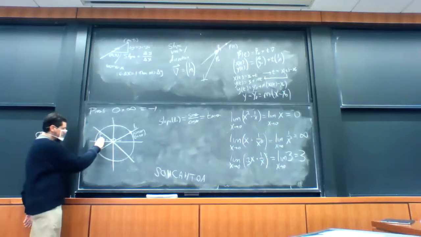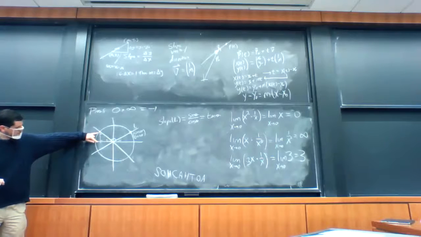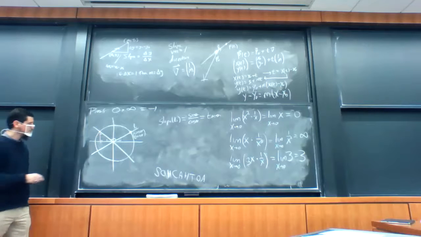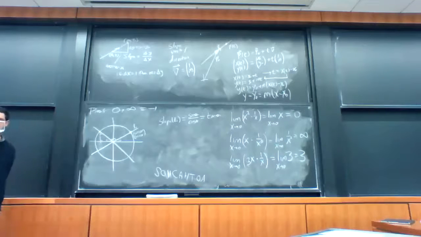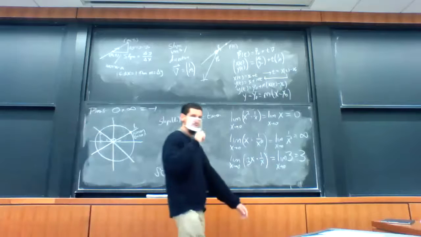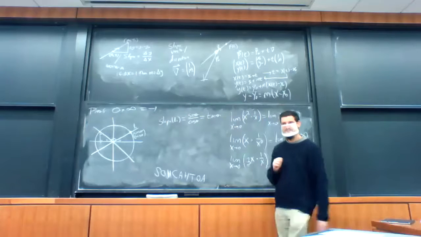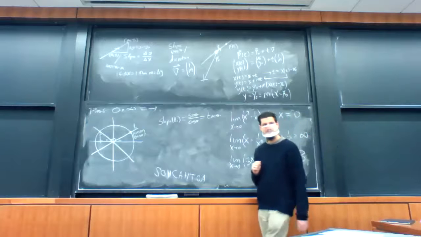And so if I use this one here is theta, what is the height going to be? Cosine theta. And what is the horizontal displacement? No, but you're close. Very close to sine theta.